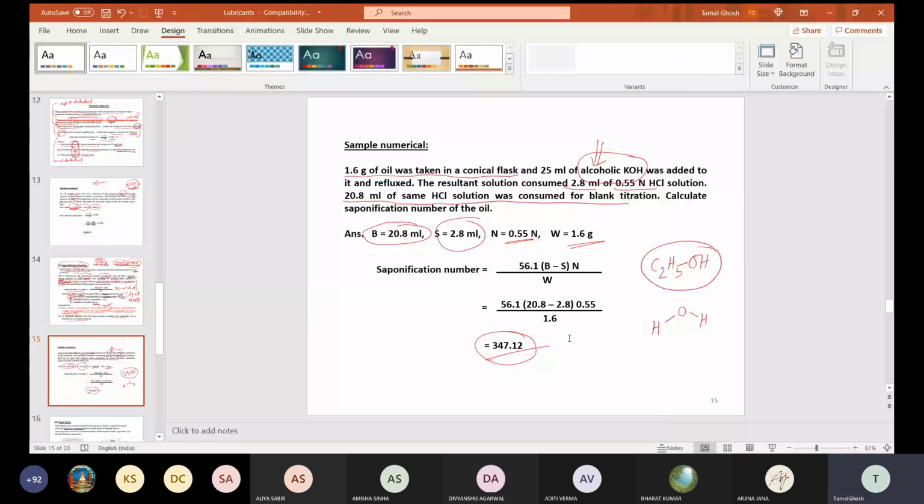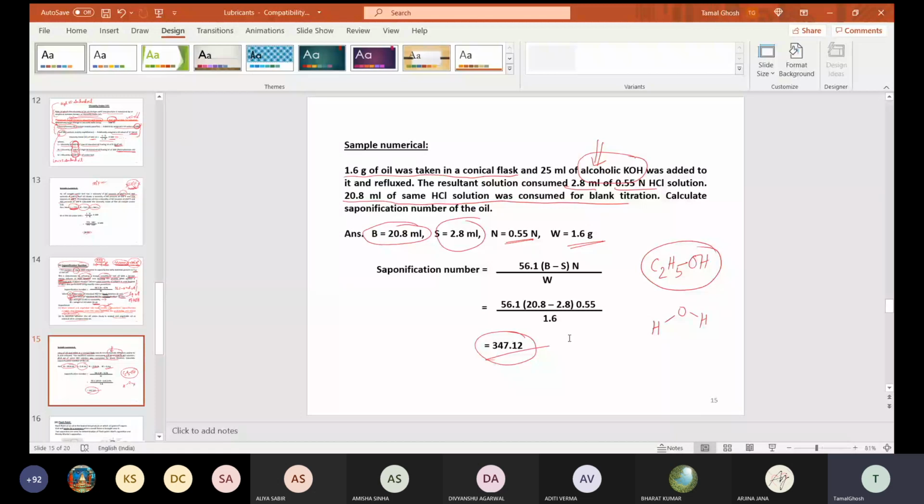It is because in that case it was a different reactant. Your reagent was alcoholic KOH there also, here also, but your reactant in that case was some bromine derivative. I think you can remember that.